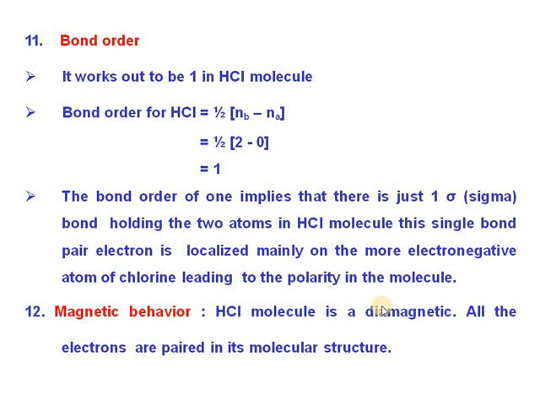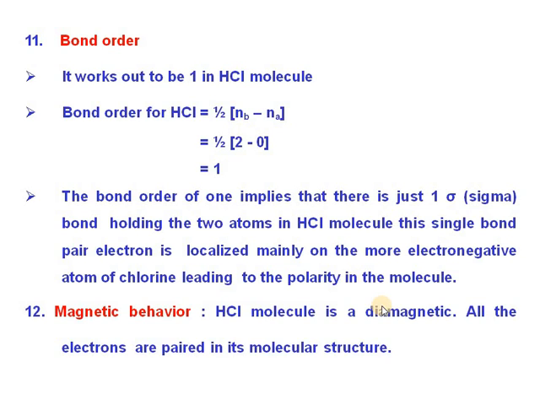Similarly, in the last lectures we have seen carbon monoxide, nitric oxide and hydrogen chloride molecules. We observed that the bond order is 3, 2.5 and 1, and the bond length decreases from carbon monoxide to hydrogen chloride.